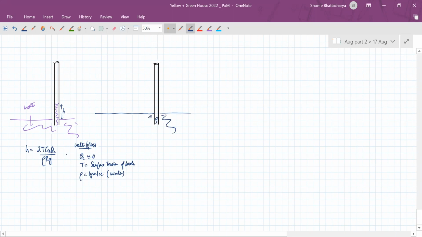So this depth is actually equal to minus h, for mercury glass.